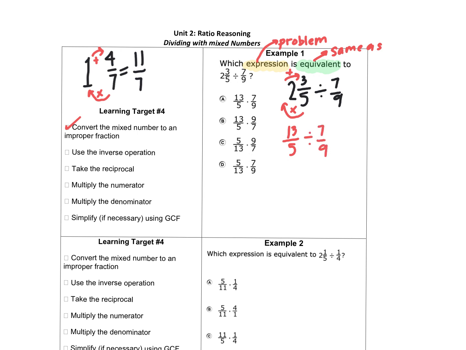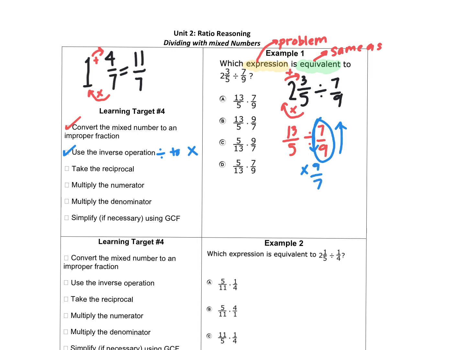Okay, so now that we have that, we're going to do this normally, how we always do it, okay? So we're going to use the inverse operation, which is from division to multiplication. Okay, so let's do that first. We're going to change this to multiplication. And then we're going to take the reciprocal of the second fraction. So we're going to do 9 over 7.